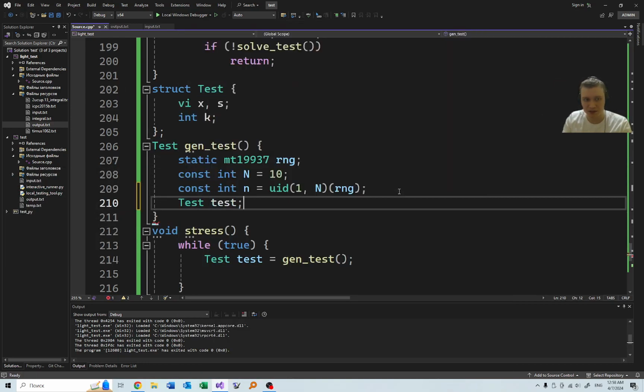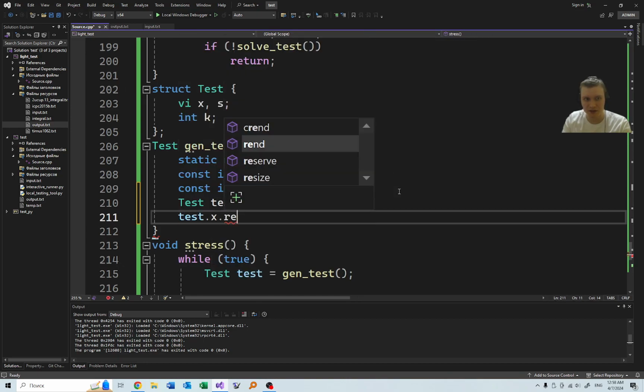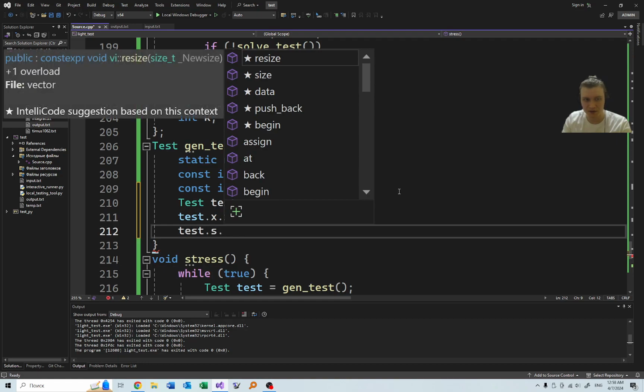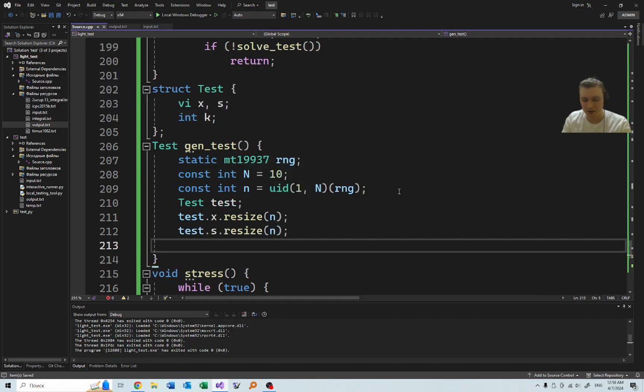So let's say test.text.resize n, test.test.resize n.